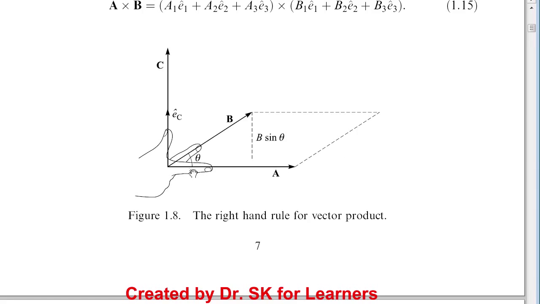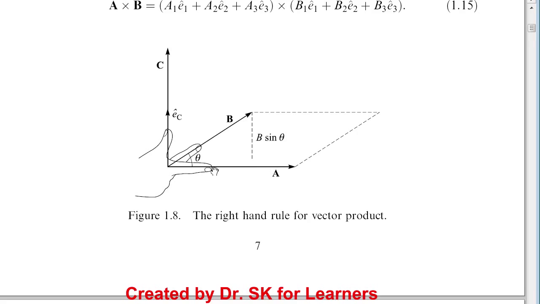You can see here, let us say I have a vector A and a vector B. If you put your right hand's three fingers, the thumb, the middle finger and the forefinger, in this way, with the forefinger directed towards the first vector and the middle finger directed towards the second vector, then the thumb will give you the direction of the vector which comes out of the cross product of these two vectors.